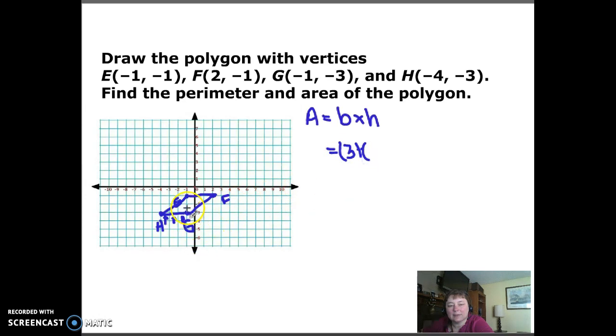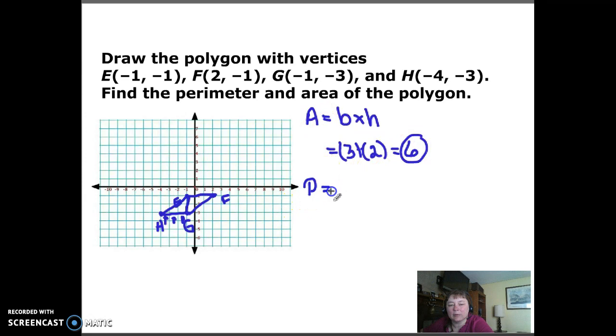The height has to form the altitude or 90-degree angle, so here's our height, and that is 2 high. So the area of my parallelogram, 3 times 2, or 6. 6 square units.